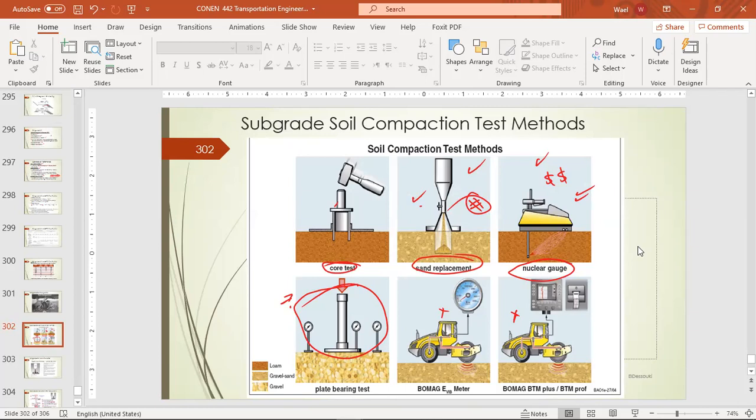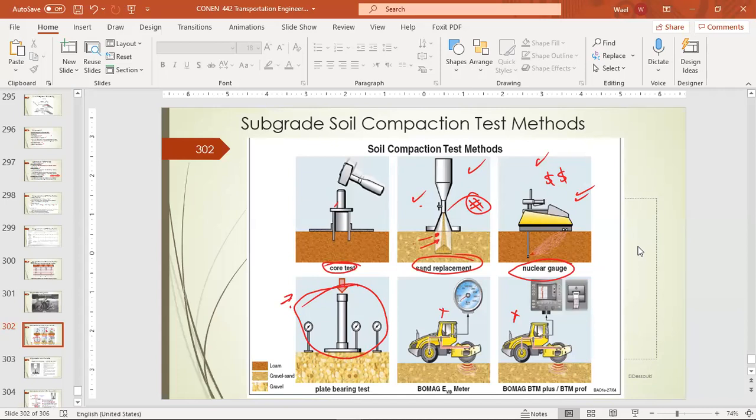For example, if the person taking the sample forgets some soil or some soil is added to the sample, all the results will be bogus. It will not be accurate. So we have to be very careful with sand cone testing for density.